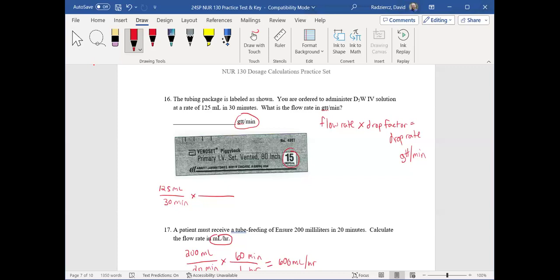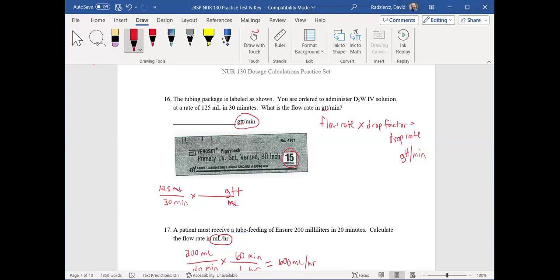That is your drop factor, okay? So I want drops, so I'm going to abbreviate that GTT. I do not want milliliters, so I'm trying to get rid of that. But even if you don't remember that, as long as you remember flow rate times drop factor, and then make sure it's in per minute, then that's how you do these types of problems.